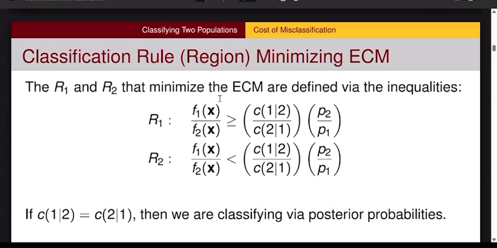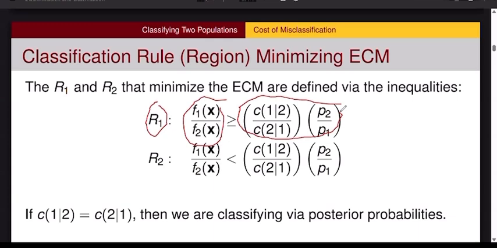Please pay attention. I'm going to do the ratio of the probability density functions for the two groups, which is the one you're seeing here. To be classified into region 1, group 1, that ratio must be greater or equal to this.